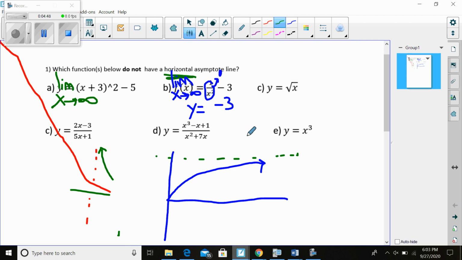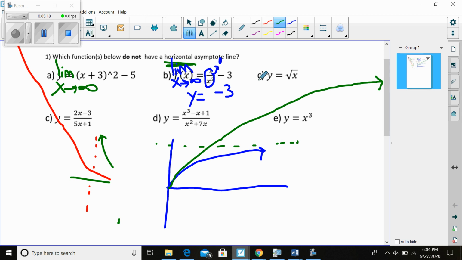That is not the case, because if I take this limit as x approaches infinity, I might draw it where it looks like it's leveled off, but really, this is continuing to grow and grow and grow. It does grow at a slower and slower rate as time goes on, but it does continue to grow. And again, this goes right off my page. It never levels off at a certain value.